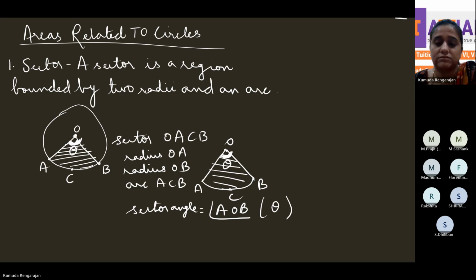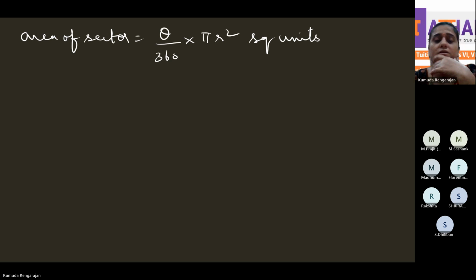Done, children? Yes, ma'am. All right. Make a note of the formula. Area of sector is equal to theta by 360 into pi r square.